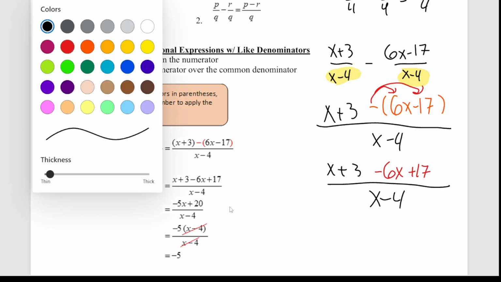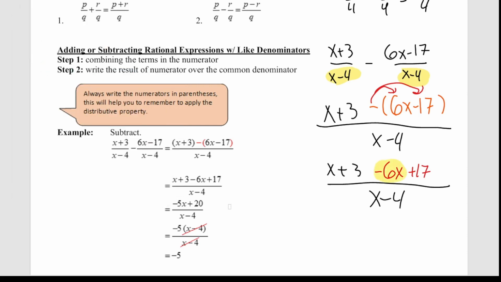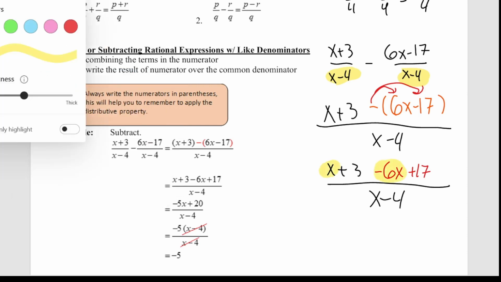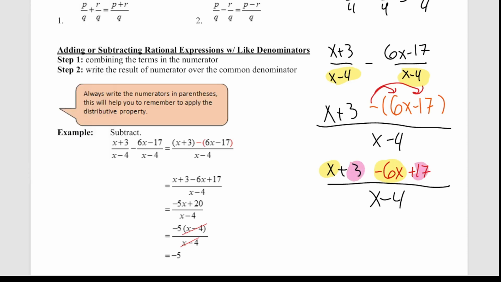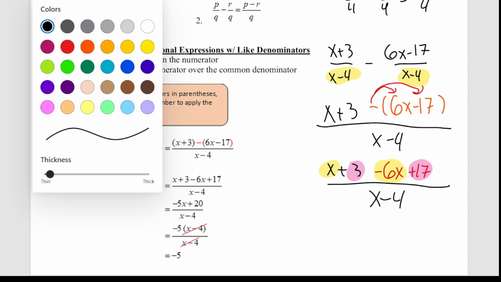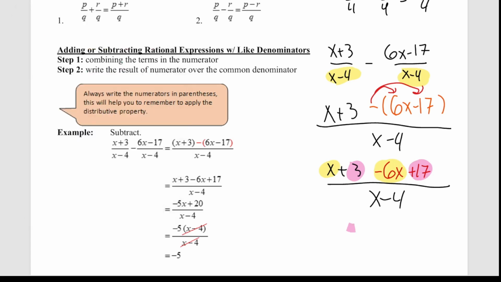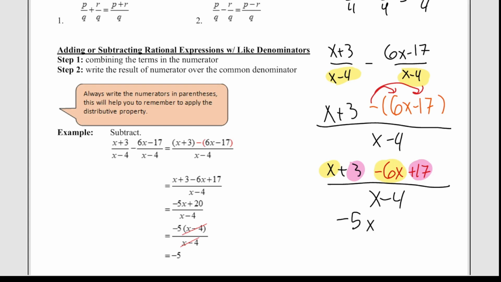Negative 6x and x would be one set of like terms, and then positive 3 and positive 17 would be another set of like terms, for a total of negative 5x plus 20 over x minus 4.